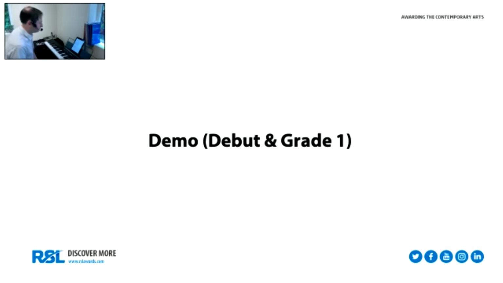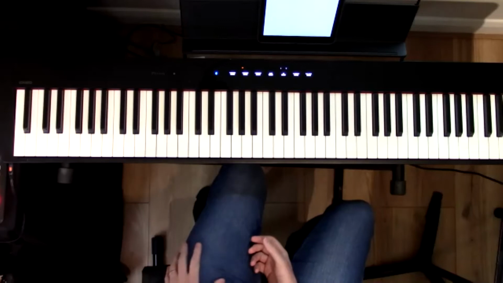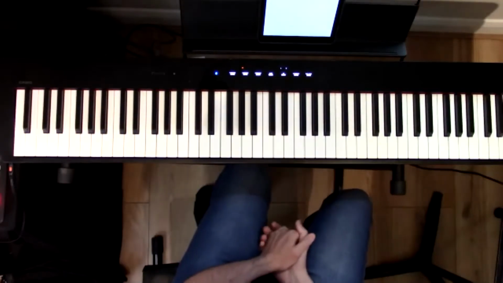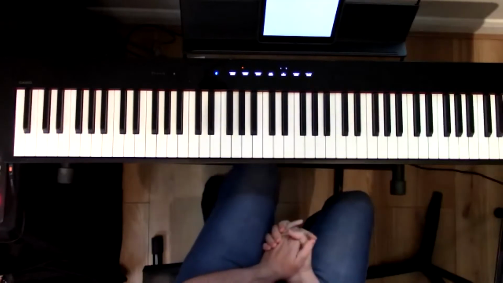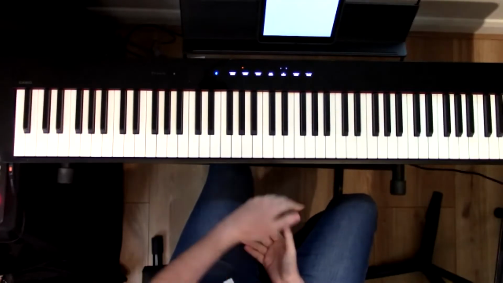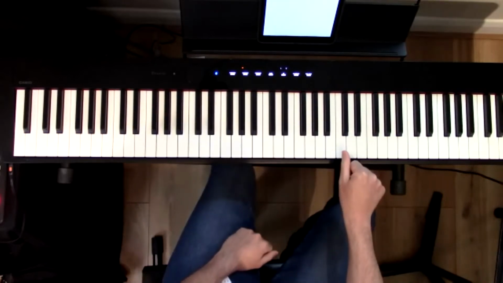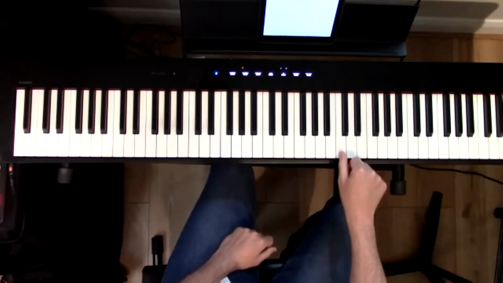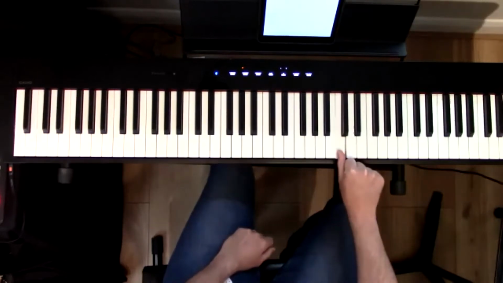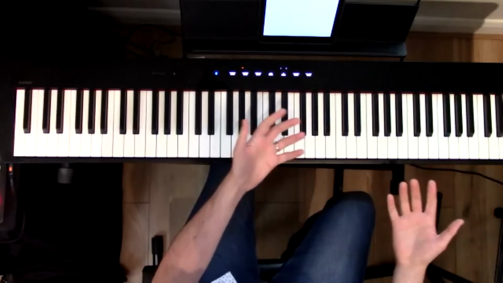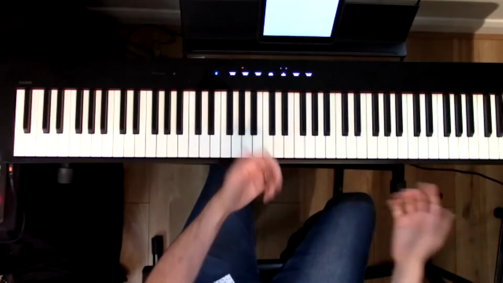So first of all, let's just talk about what we would do for a debut ear test. Now, in the syllabus, it says that this test will consist of 2 notes, and the syllabus and the graded book tell us the first note will be C, so we know the test will begin on a C. And then the candidate will hear 2 notes.